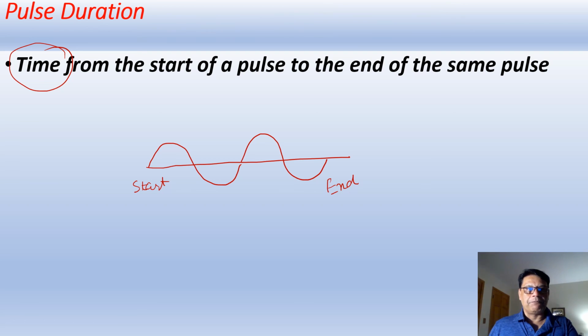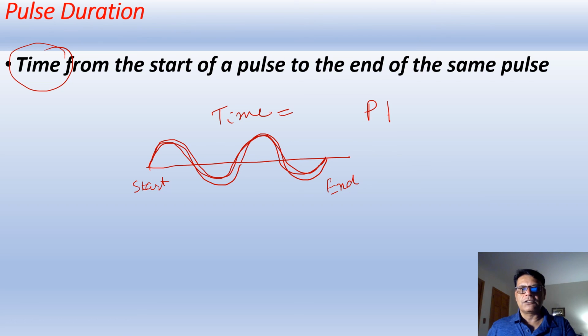The time to create a pulse is called pulse duration, and it is also represented by PD.